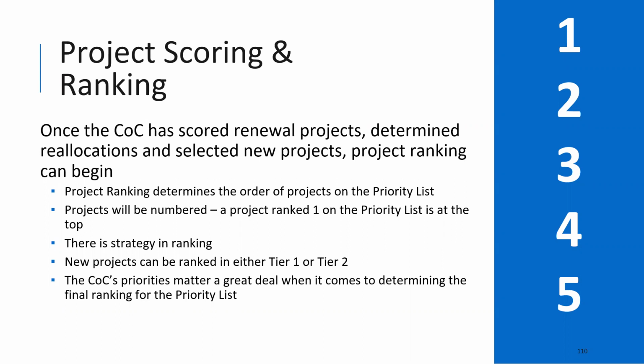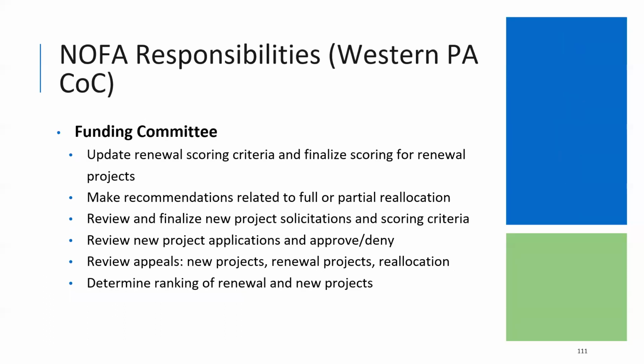There is a strategy in ranking that HUD kind of lays out. So DMA works with the funding committee with the goal of trying to retain as much money for the CoC as possible. New projects can actually be ranked in either tier 1 or tier 2. And the CoC's priorities are really important. They really drive how you're ranking projects on that priority list.